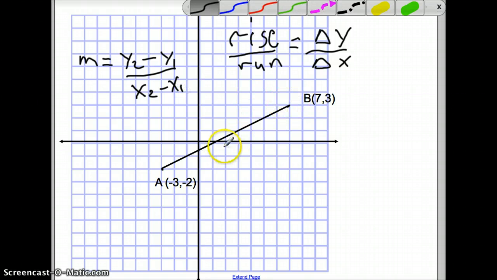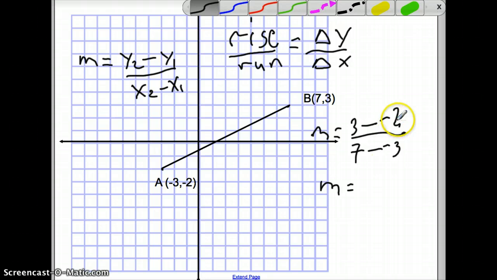So in this case, the slope of this line is 3 minus negative 2 divided by 7 minus negative 3. So we have the slope is the same as 3 minus negative 2, which is 3 plus 2, over 7 minus negative 3, which is 7 plus 3.